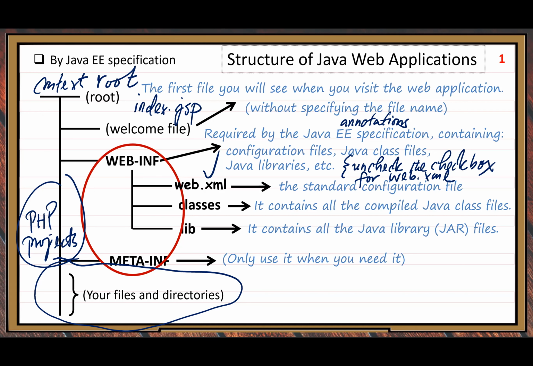One thing. Remember last time when I talked about the context root? There is a default name for the context root, the folder name, the WAR file name. But you're allowed to change the context root name.